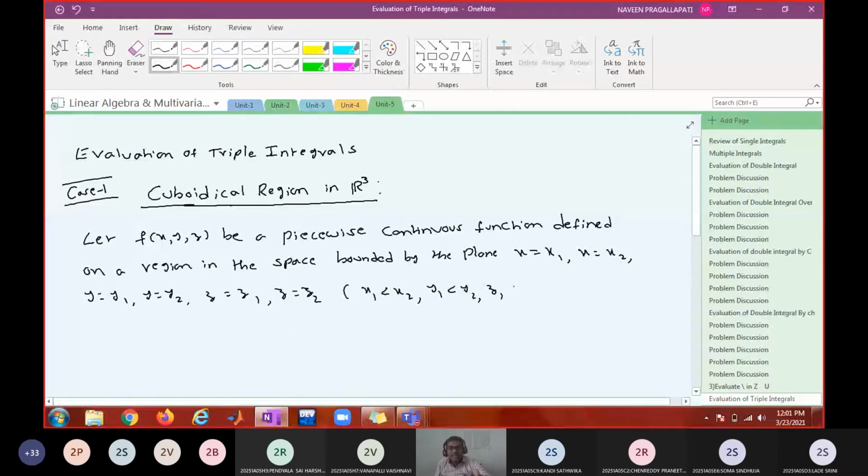These are all constants: x1, x2, y1, y2, z1, z2 are constants.